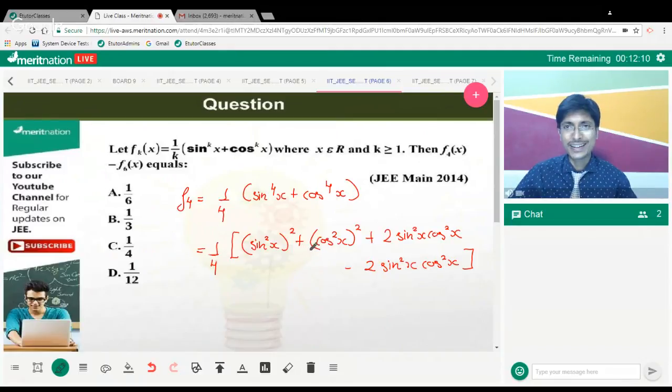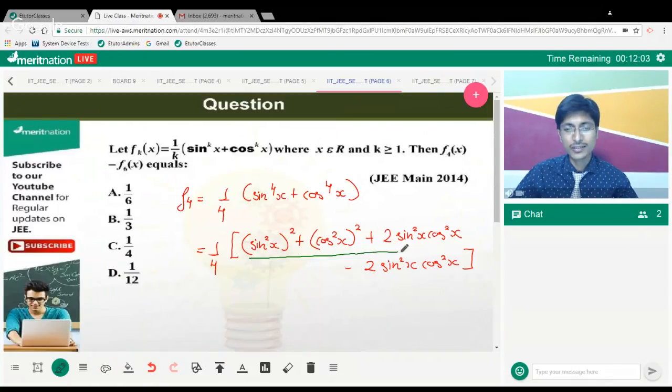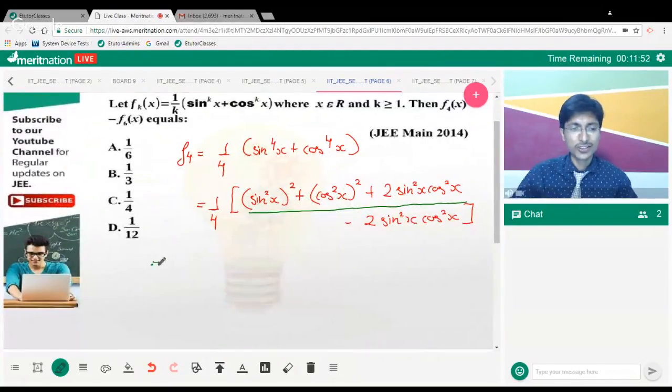The whole idea behind this is that I can write this expression as sine square x plus cos square x whole square, and that will simplify to something really interesting. 1 by 4 times sine square x plus cos square x whole square minus 2 sine square x cos square x.